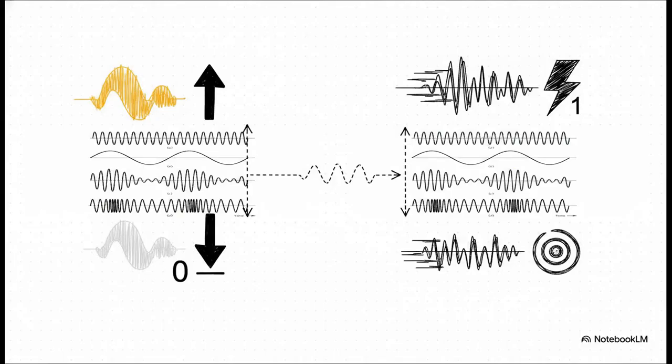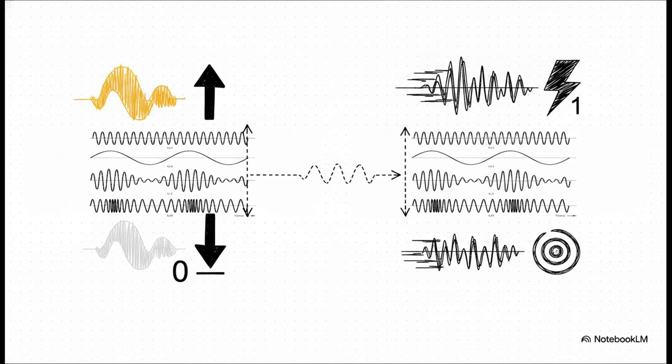All right, let's start with the simplest tools in the toolbox. With something called amplitude shift keying, or ASK, we just change the wave's height. A big, tall wave could be a 1, and a short little wave could be a 0. Simple as that. Or we could use frequency shift keying, FSK. Here, we change its speed. A fast wave is a 1, a slower wave is a 0.